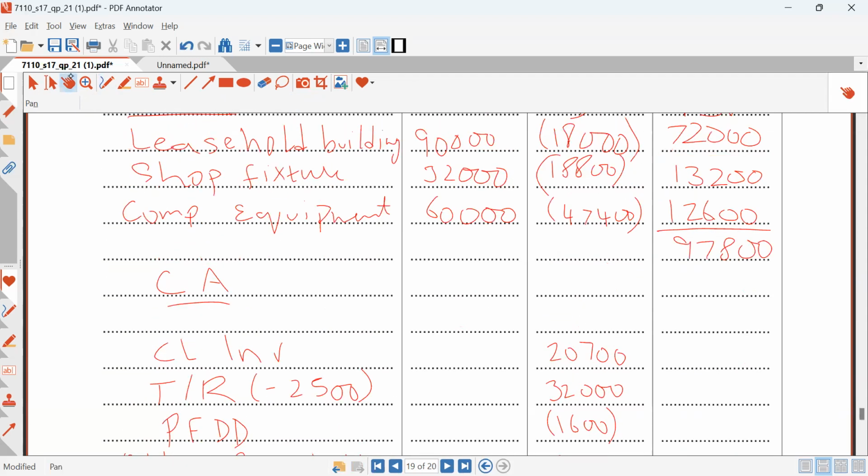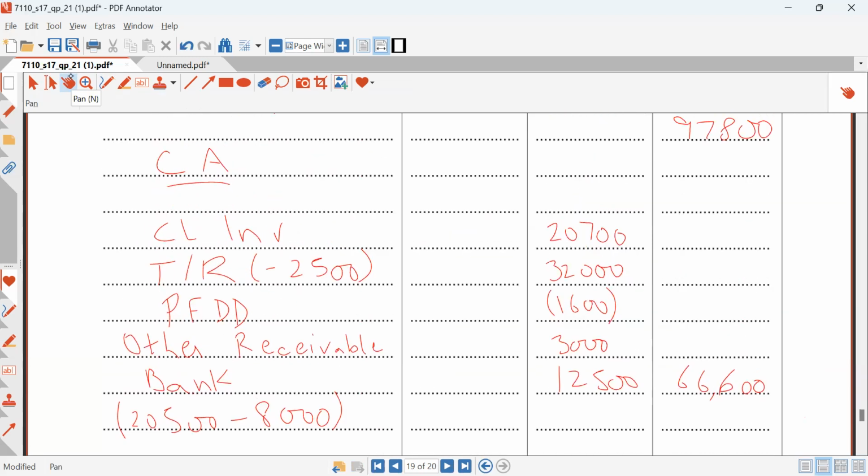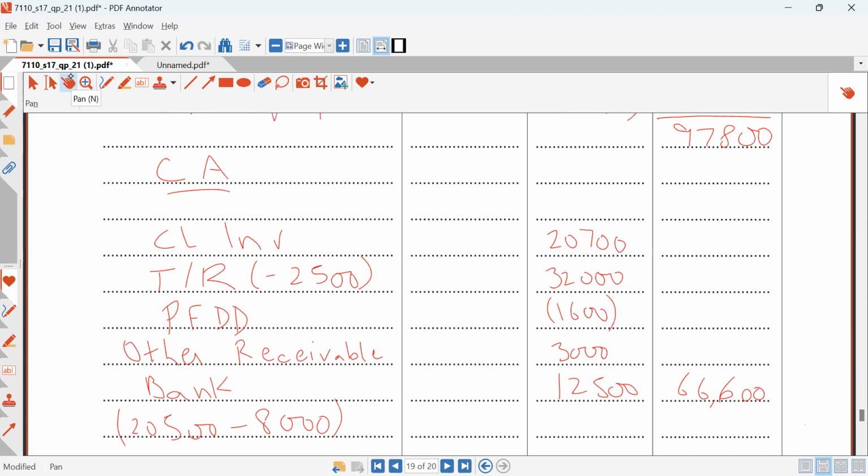We have to calculate total assets. So 97,800 plus 66,600.